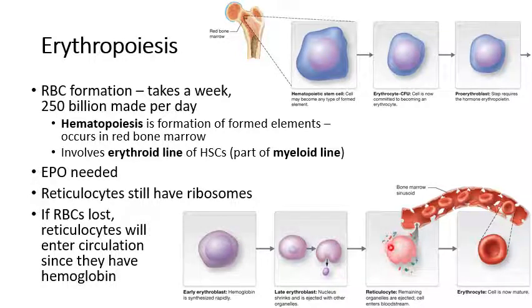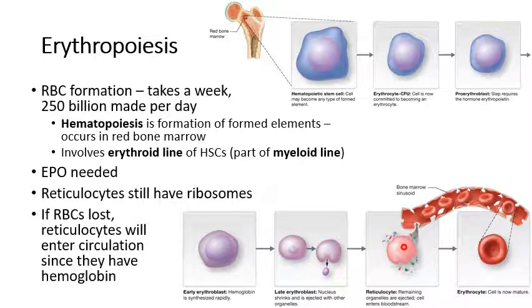And it is full of hemoglobin. It has a lot of hemoglobin. Not quite as much as a mature red blood cell, and it doesn't have the shape of the mature red blood cell, but it's very similar. So these reticulocytes can actually enter the blood. Most of them will stay in the red bone marrow and turn into full erythrocytes and then enter the blood, but some of them can also enter the blood just as reticulocytes.